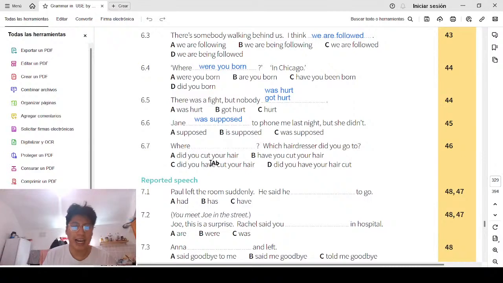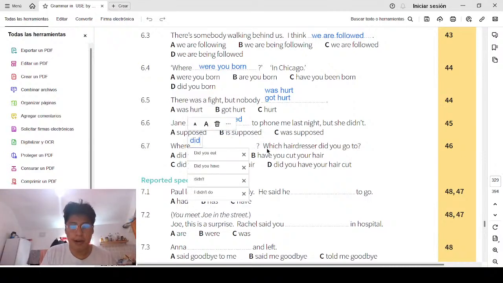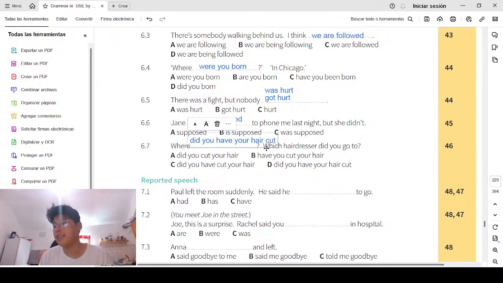Next one. Okay, this is a hard one. Tim, where did you have your haircut? Okay, that's interesting. That's complicated for me. I remember it was difficult to understand because in my mother tongue that doesn't exist.